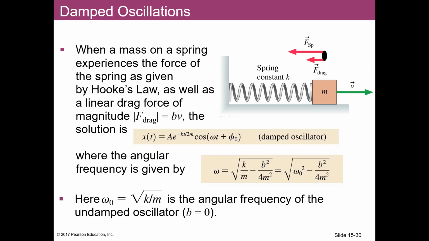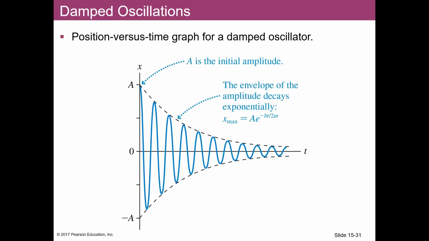So it oscillates more slowly and its amplitude decreases. This is the figure that we see for the position as a function of time, and this is assuming that we start at the very top at A, with a phase constant of 0.